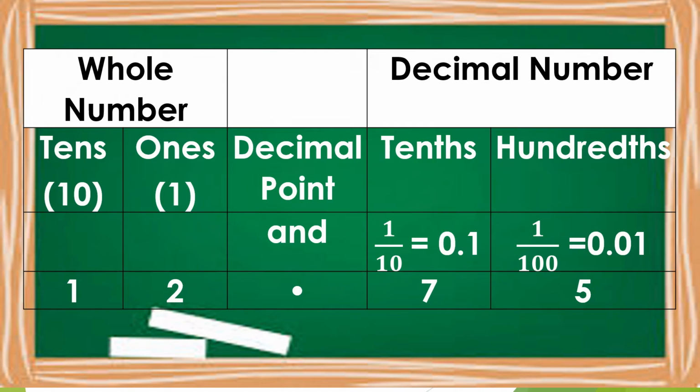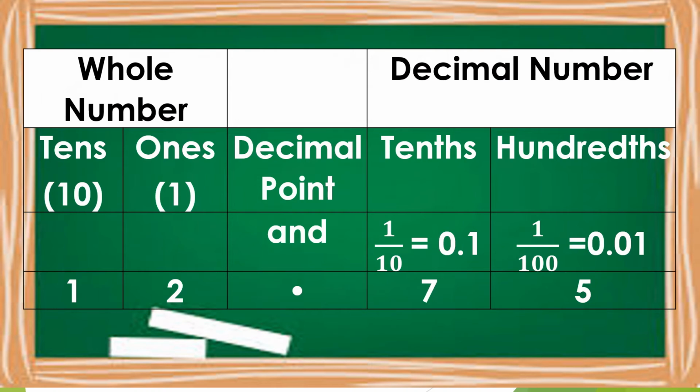The tens and ones columns before the decimal point are whole numbers. The tenths and hundredths columns after the decimal point are decimal numbers. These numbers are less than 1. The decimal point separates the whole numbers from the decimal numbers.